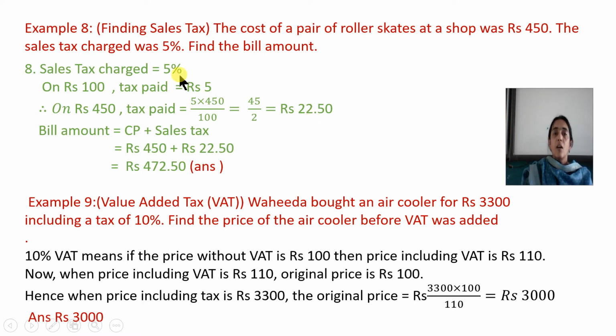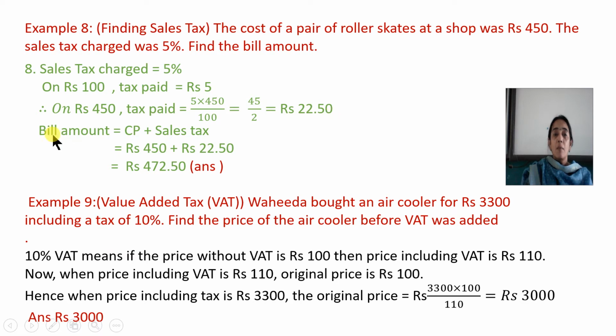Once again, tax charged is 5%. That means 5% means what? On rupees 100, tax paid was rupees 5. What is the selling price here? Rupees 450. So on rupees 450, tax paid will be how much? That is equal to rupees 22.50.